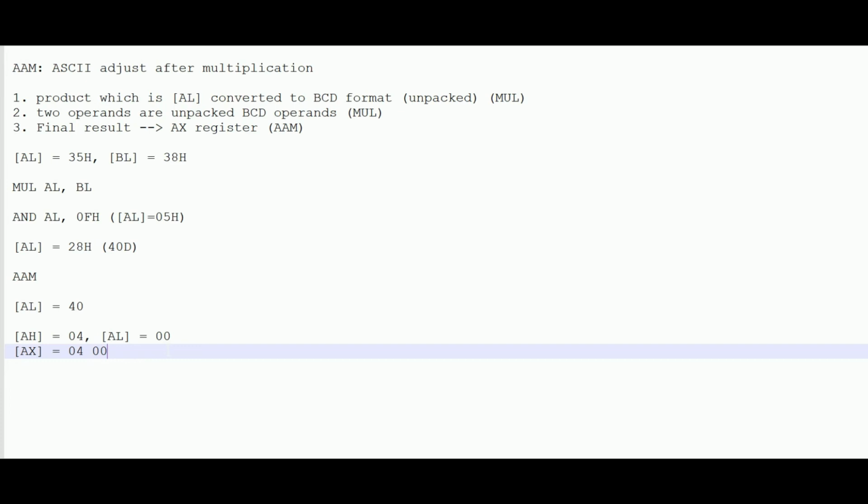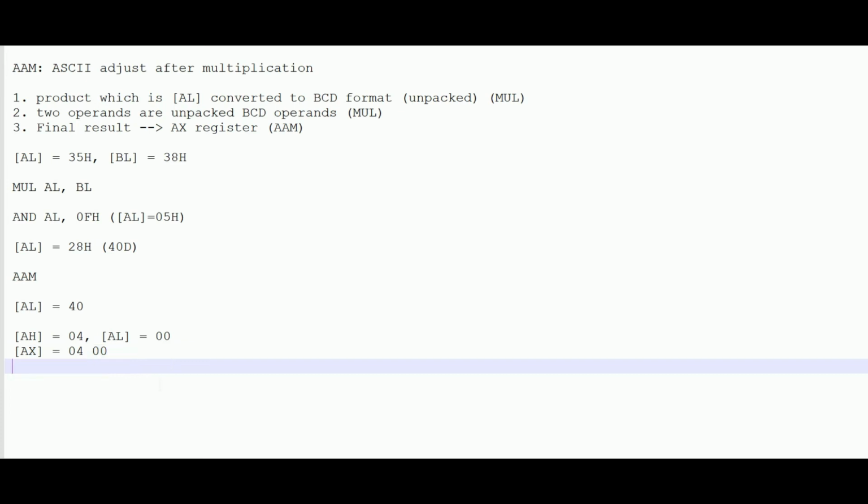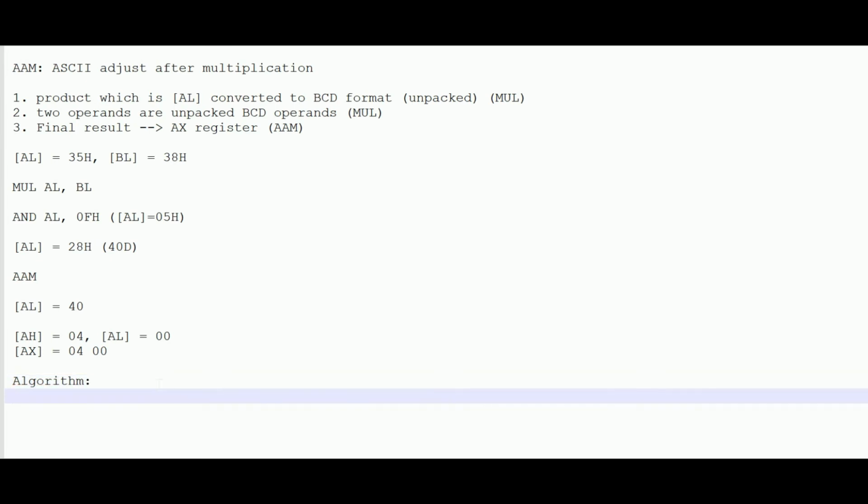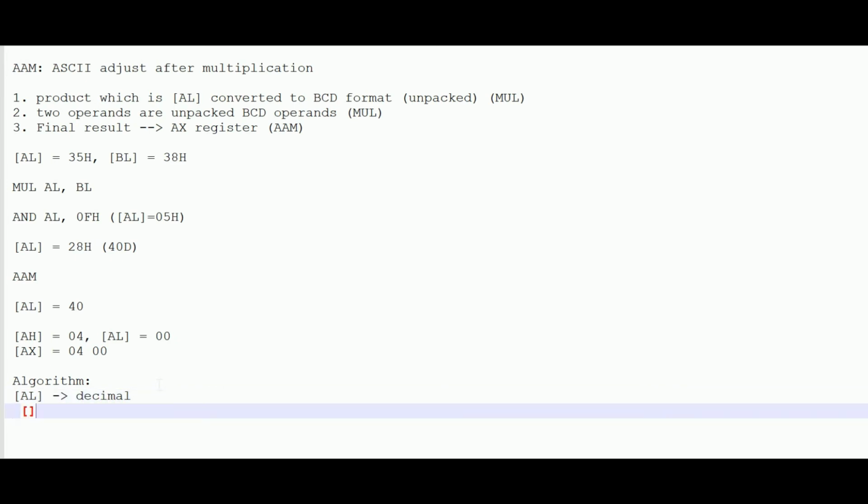So what will be its algorithm? Now the algorithm for the AAM instruction is: first convert the content of AL into decimal, then divide the content of AL by 10.